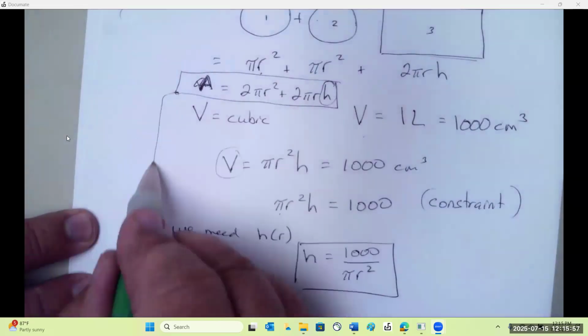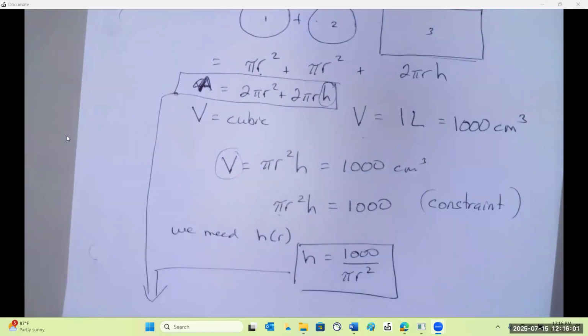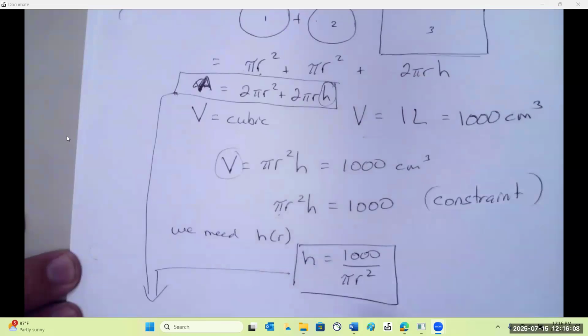So let's take both of these formulas and put them together, because all we want is one equation that is a function of R. So we know the area, let me write this right here.